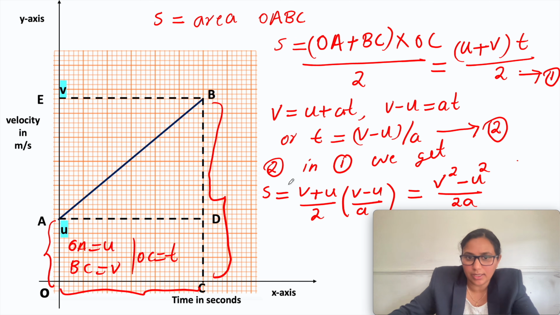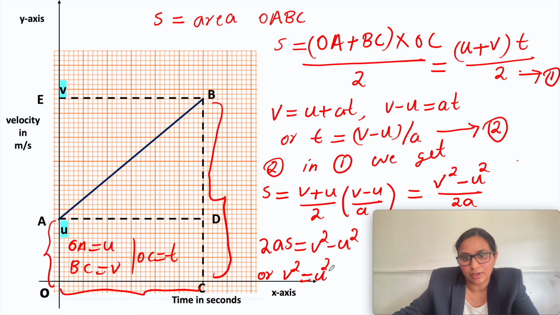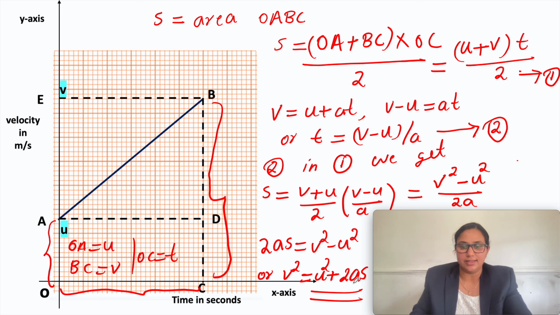Multiplying 2a with s, we get 2as = v² − u², or rearranging, v² = u² + 2as. That is the last equation of motion.